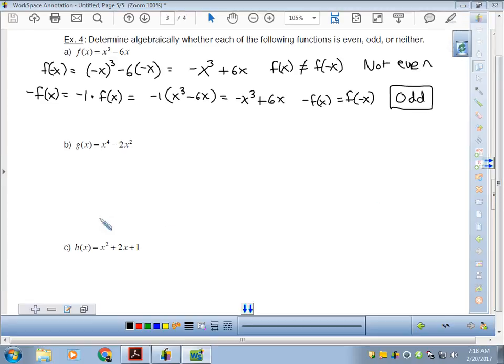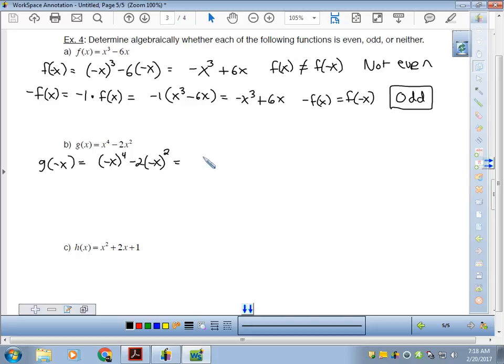All right, let's look at letter B. We got g of x equals x to the fourth minus 2x squared. So we'll start by finding g of negative x. So that's negative x to the fourth minus 2 times negative x getting squared. So negative x to the fourth, that's negative x times negative x times negative x times negative x.